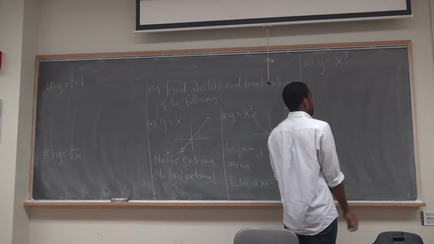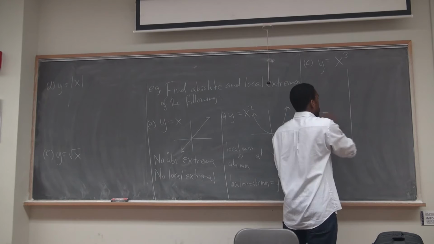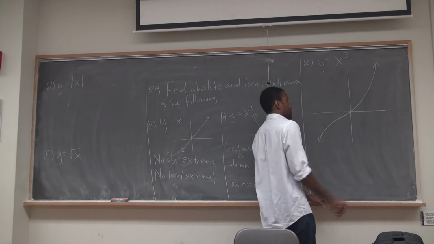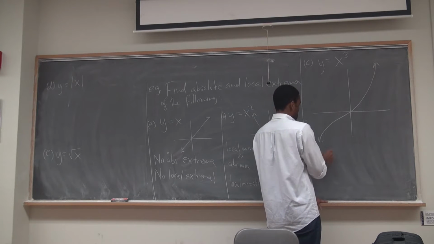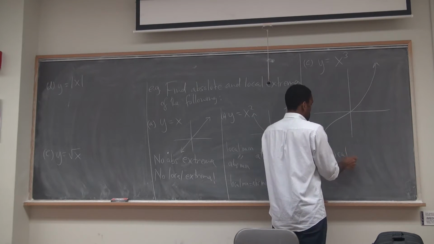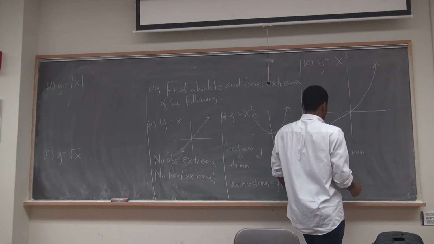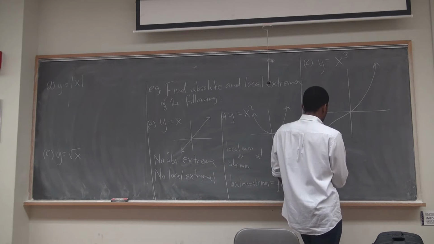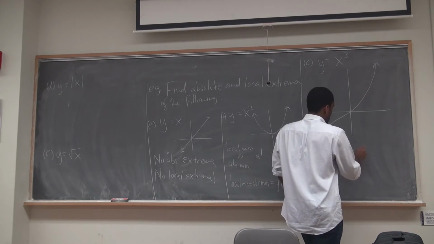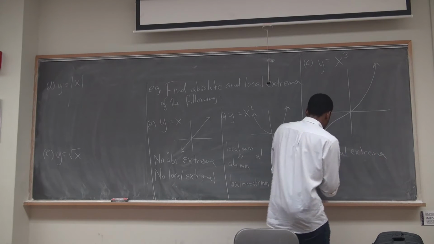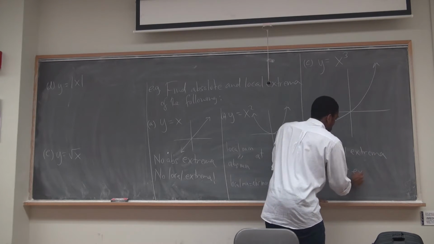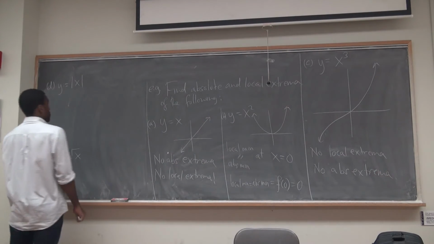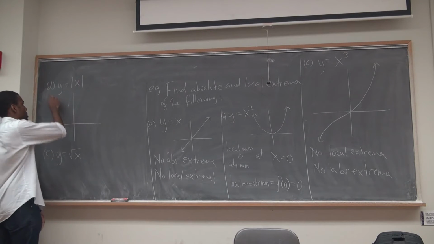What about this one? Same as the first one. It's a cubic. No local min, no local or absolute min. This one looks like that.